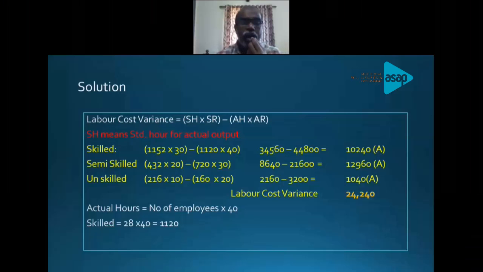The standard rate is 20, and the actual hour is 720. We have 18 employees, 18 into 40, so naturally 720 actual hours, paid at the rate of 30.